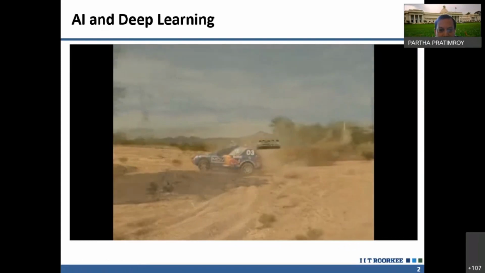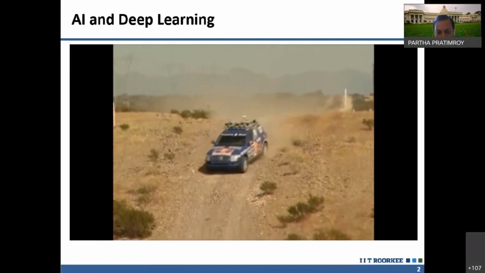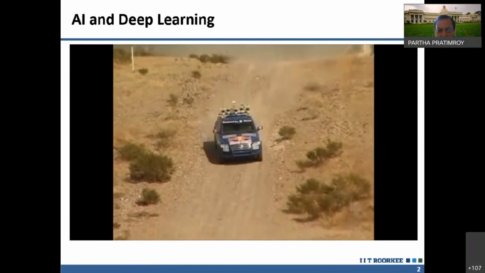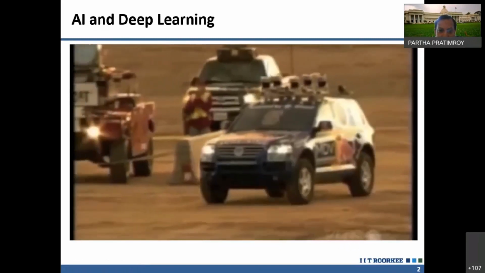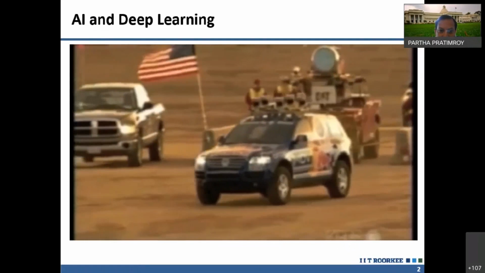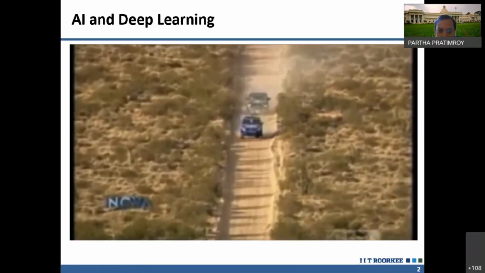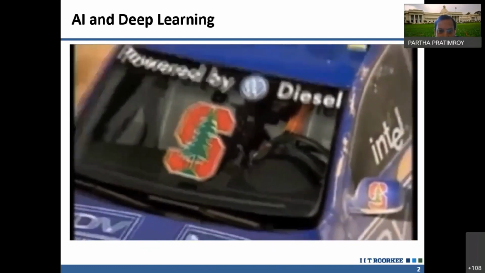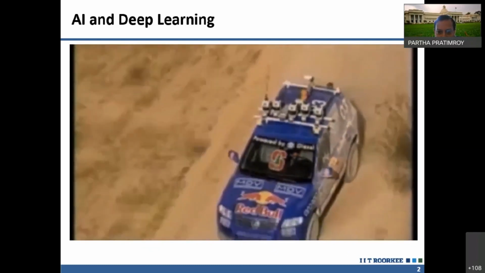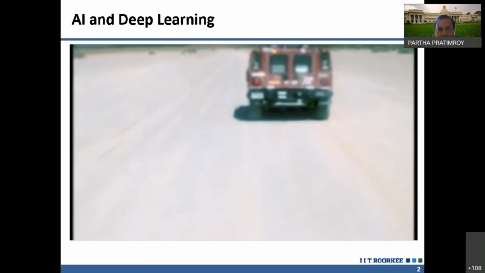You see the cars moving from one place to another without any driver. This actually started more than 10 years back with the US DARPA defense agency organizations, which launched competitions for these autonomous driving vehicles. These cars are all equipped with cameras and sensors.